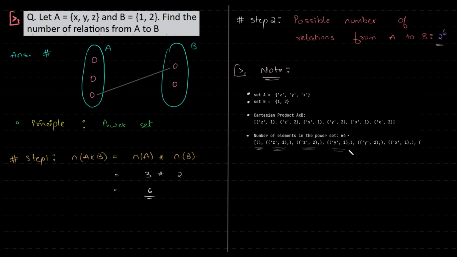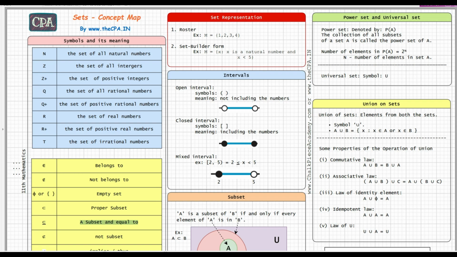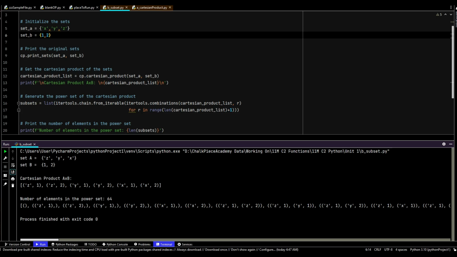So my relation definition can have only one pair. Or I can have a relation defined in such a way that there are 2 pairs, 2 possible outputs. I can also define relations such that I have 3 possible outputs.